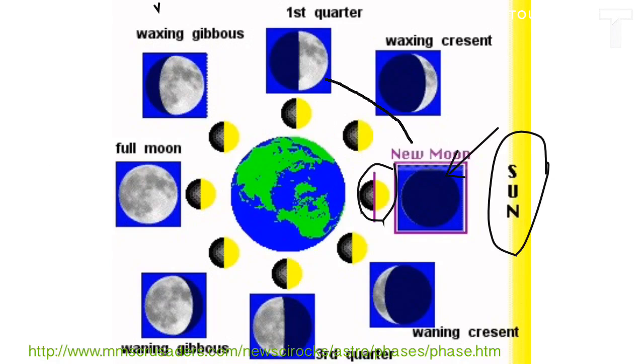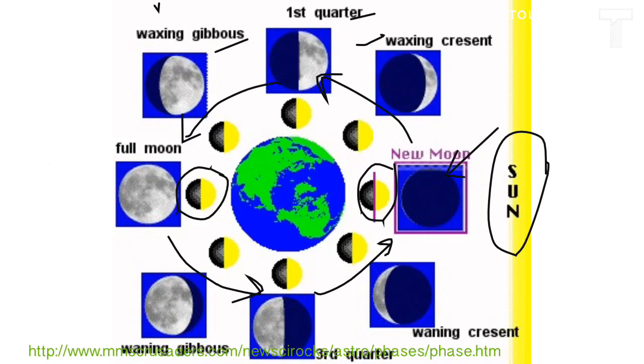The cycle is counterclockwise, so we go through our waxing phases, which includes waxing crescent, first quarter, and waxing gibbous. Then there's the full moon directly across from the new moon, which is completely lit. And then the lunar cycle goes through its waning phases: waning gibbous, third quarter, and waning crescent. Don't forget to draw this, guys.